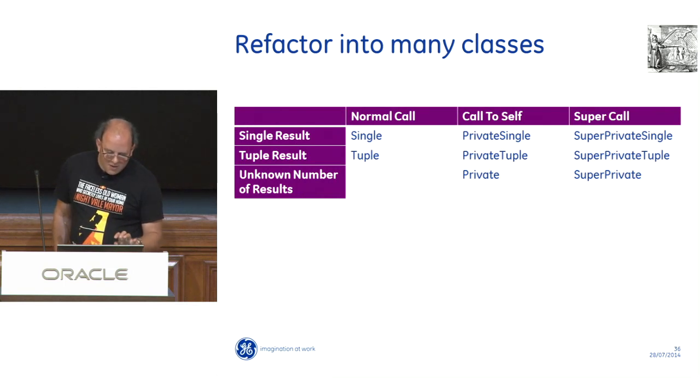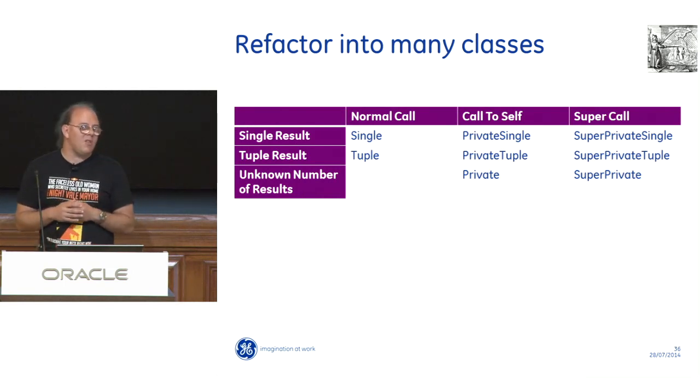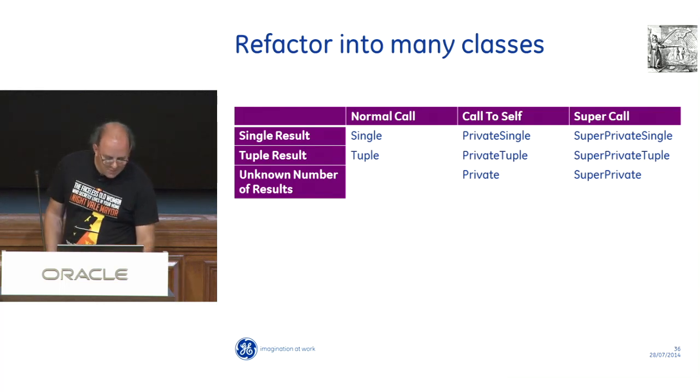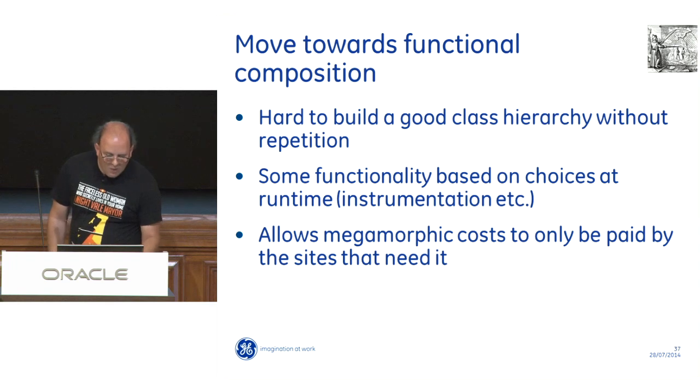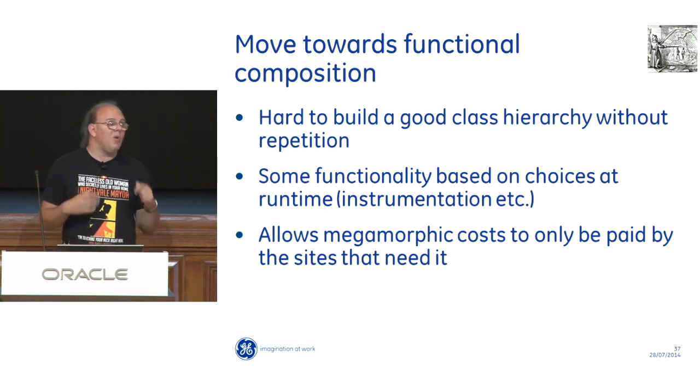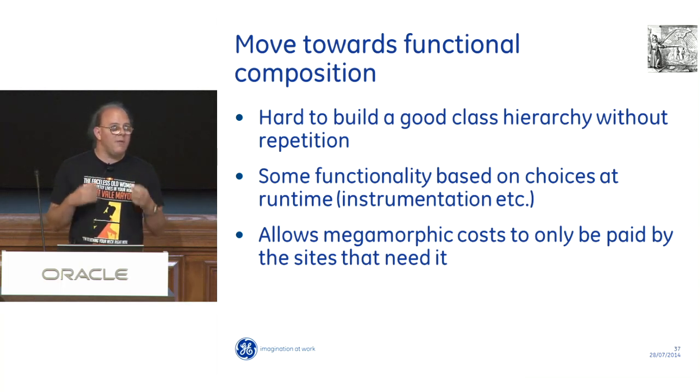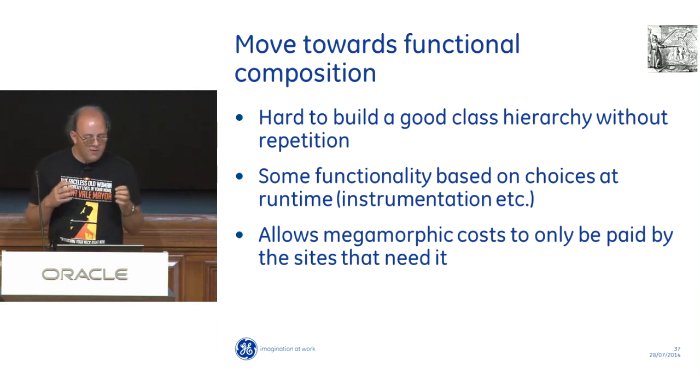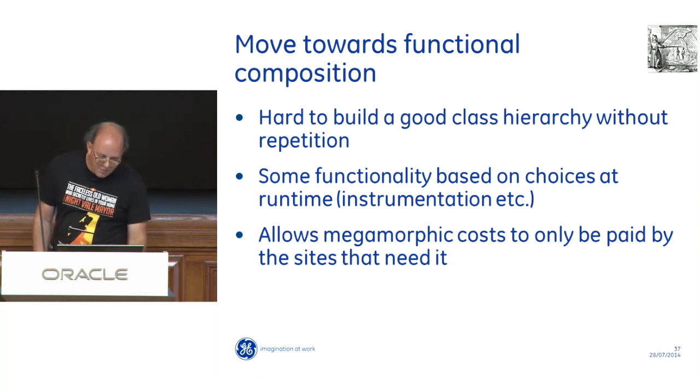So we've refactored our CallSites into a large number of classes, and we're moving towards some more functional composition for all the parts that need to be pulled in at runtime. We thought about using the Java 8 interface default implementations, but obviously that's a little hard to do with stuff that depends heavily on runtime properties.